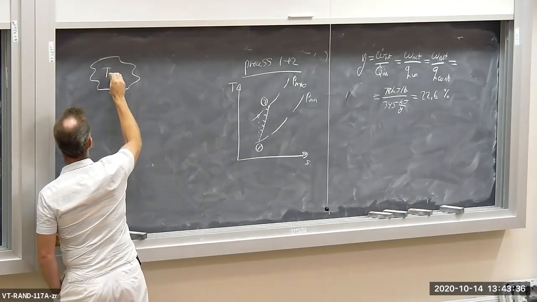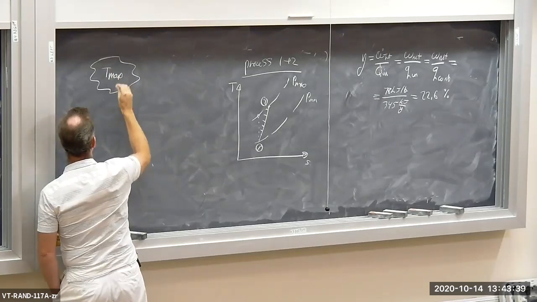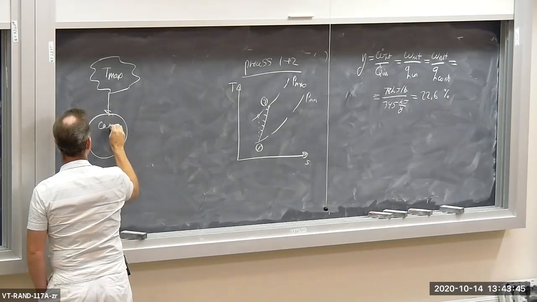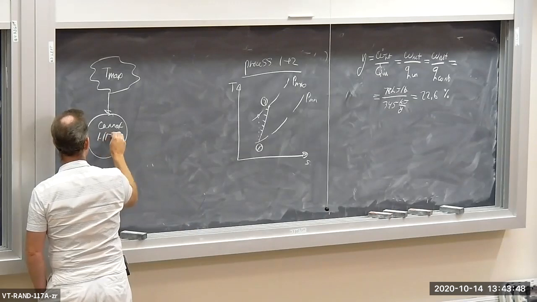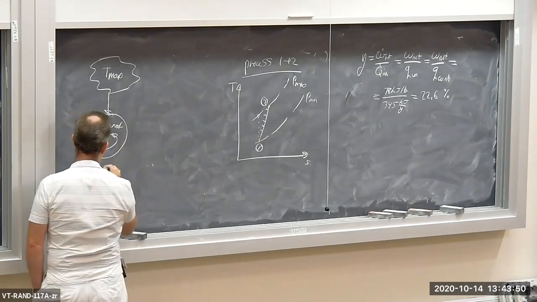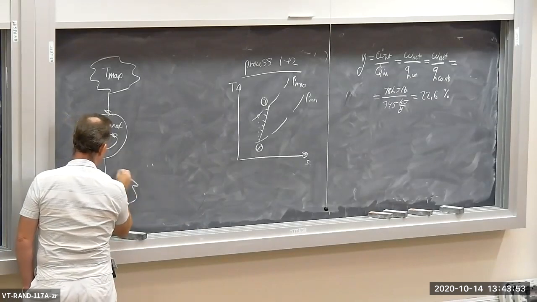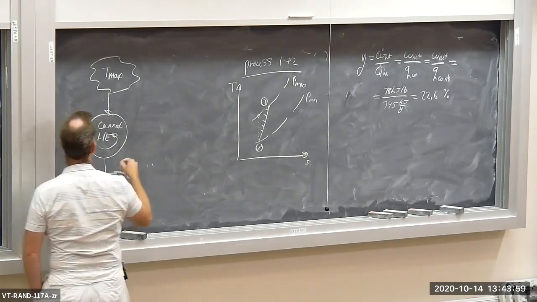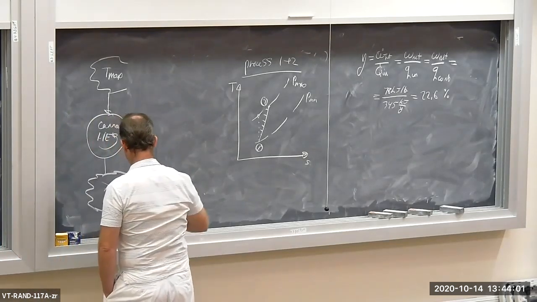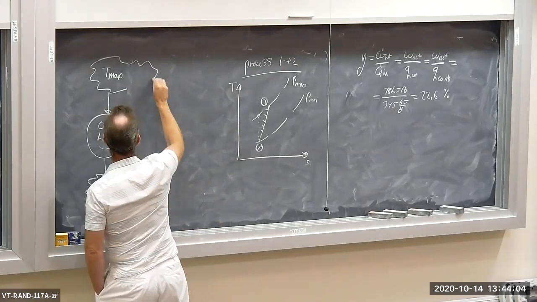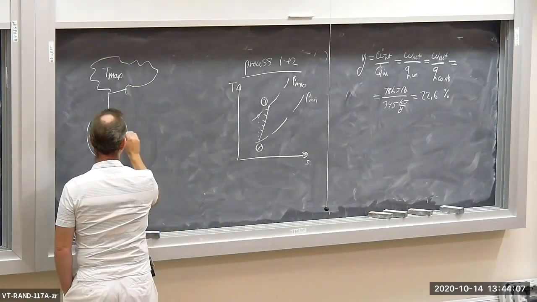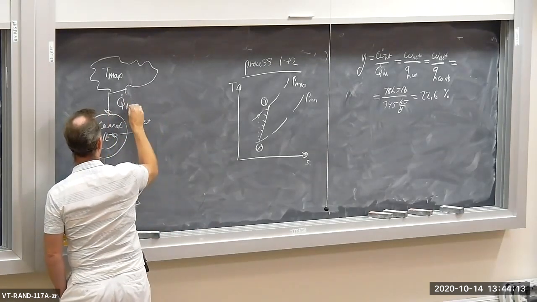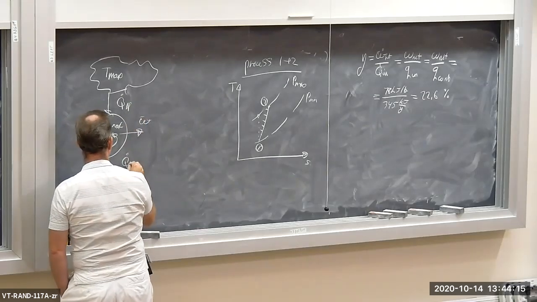So we have a Carnot heat engine operating between a maximum temperature T max and a minimum temperature T min, rejecting heat at the lowest temperature in the cycle. It's producing W dot, taking in Q dot high, rejecting Q dot low.